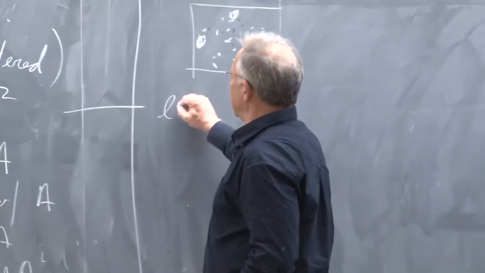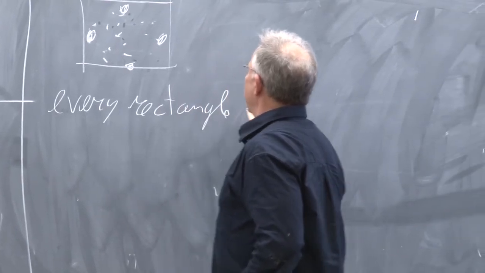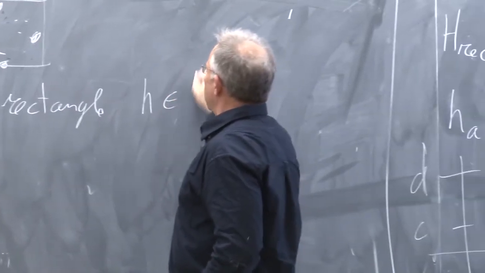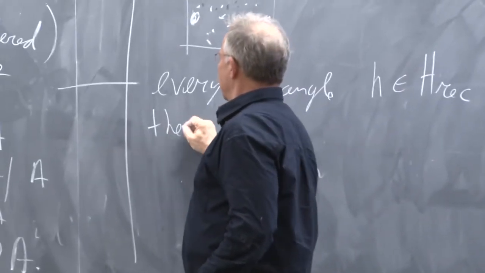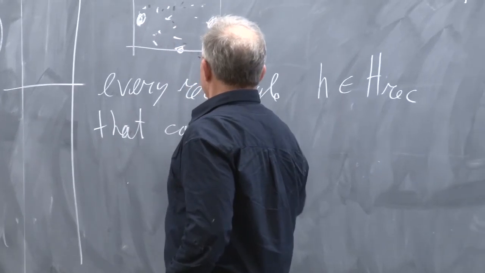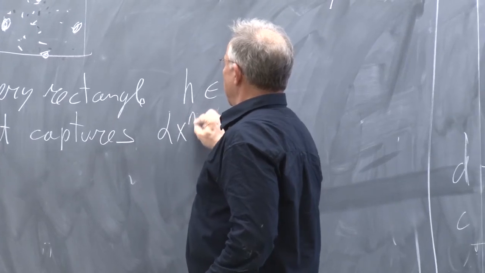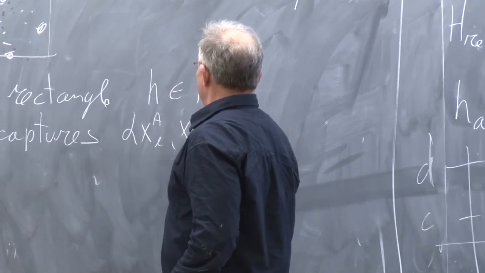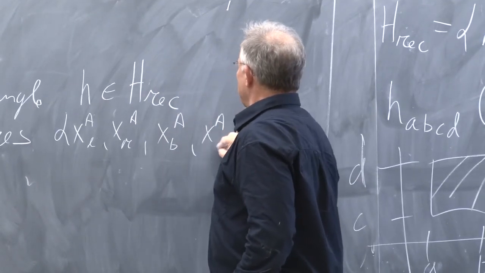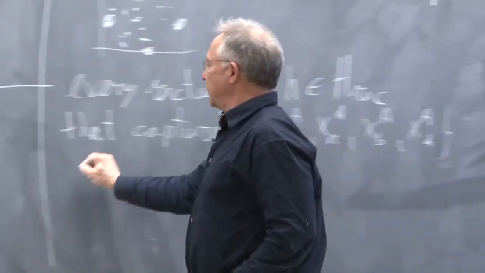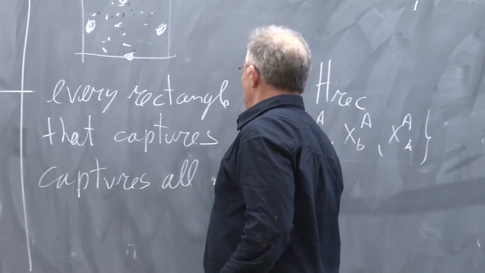So every axis-aligned rectangle H that belongs to H rec, that captures X A left, X A right, X A bottom, X A top, captures all of A.